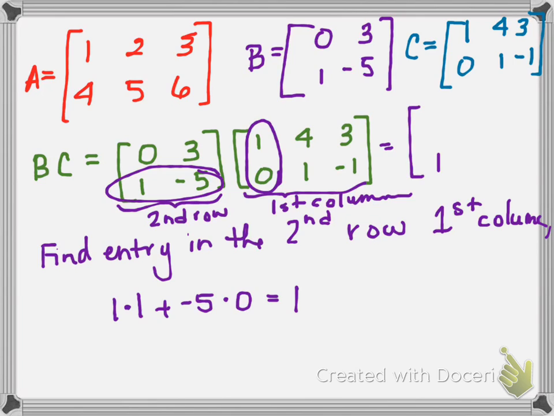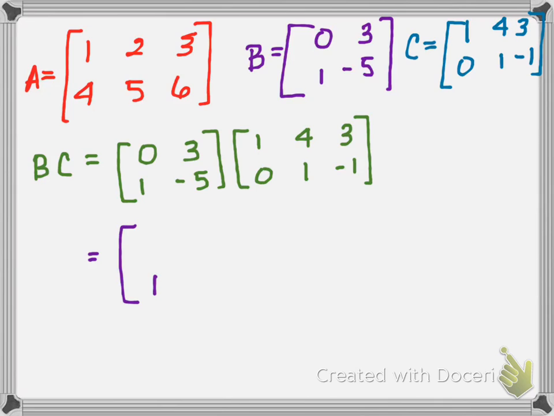So I only chose second row, first column to make it a little bit clear, instead of just starting with the first row, first column. But we can do this for every entry, so let's try it. We already said the second row, first column is 1, so let's get the rest of them. If I want the first row, first column, I'm going to take the first row of my first matrix times the first column of my second matrix, and I'm going to multiply them, so I'm going to get 0 times 1 plus 3 times 0 for that entry.